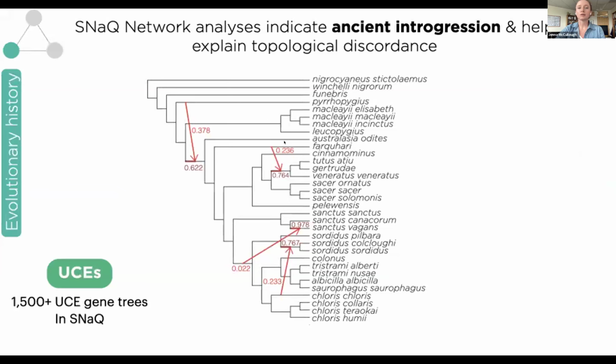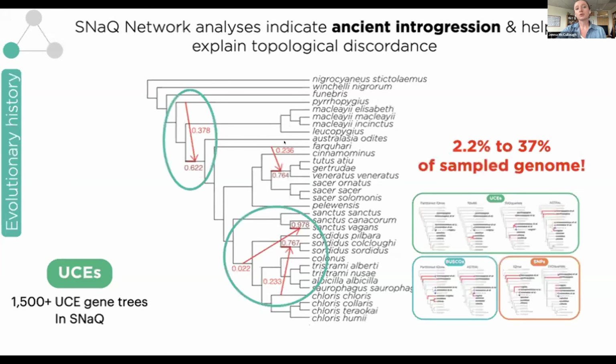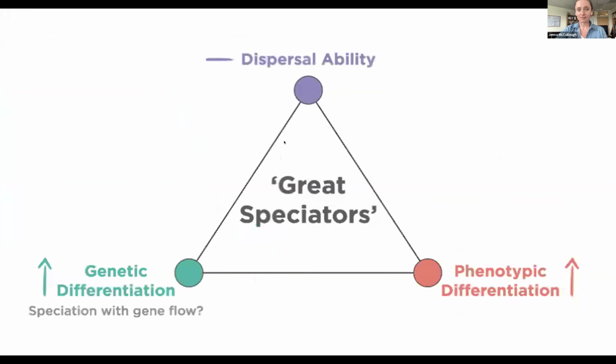Moreover, across the whole tree, we see signatures of ancient introgression between clades earlier in the evolution of the group, ranging from 2 to 37% of the sampled genome. Overall, this helps explain the topological incongruence between the different genetic datasets and tree building methods.